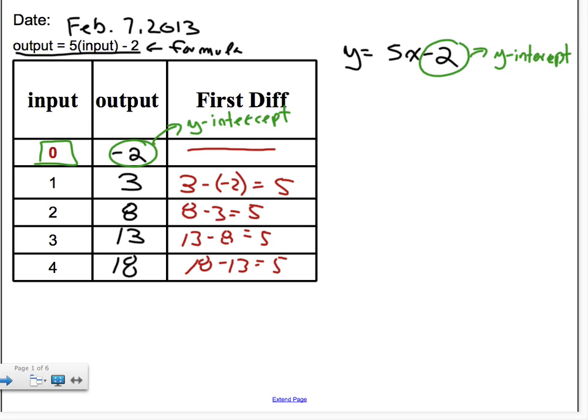Good. So here we saw that the first differences were all 5, it's constant, and that happened to match this value here. And what did you call it? So we found that the first difference is equal to slope. That's if it's linear.